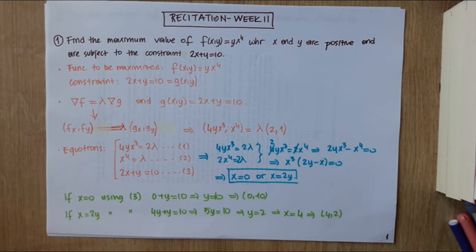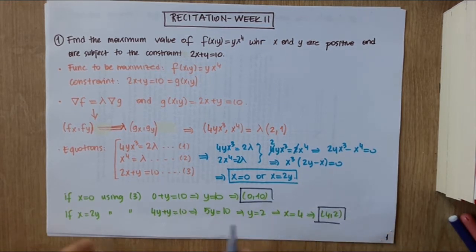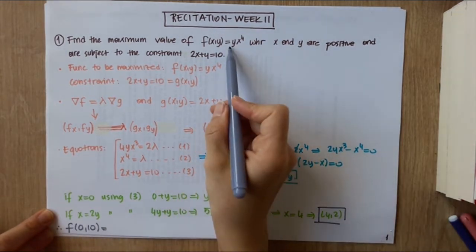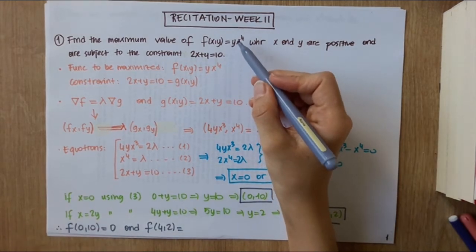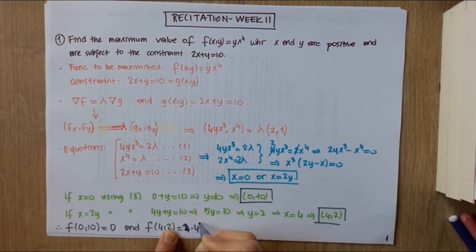So I have 2 points, (0, 10) and (4, 2). f of (0, 10) equals, if you substitute 0 and 10 into the function, 0. And f of (4, 2) is 2 times 4 to the 4, which is 2 times 256, which is 512.